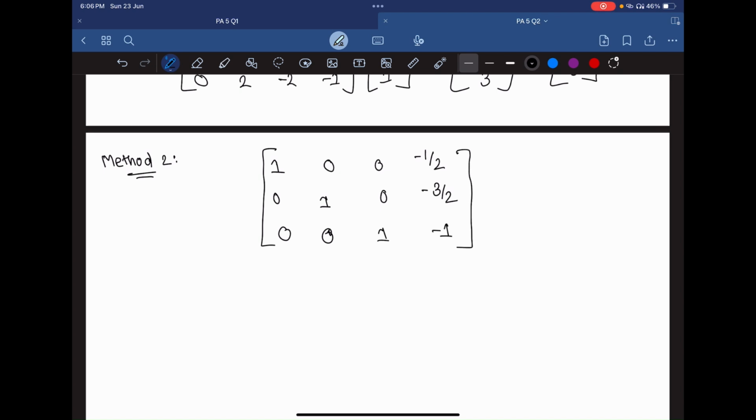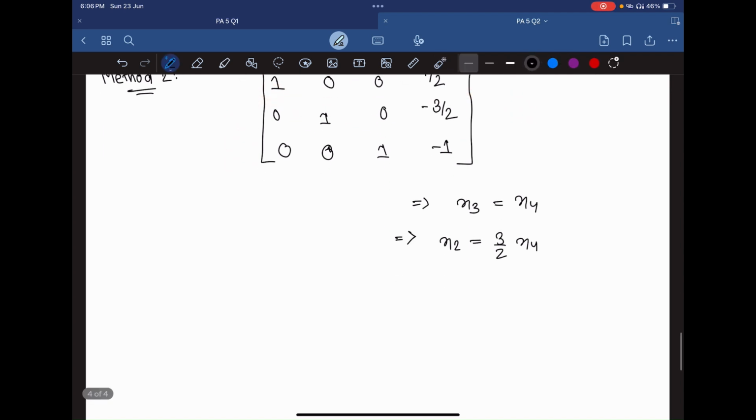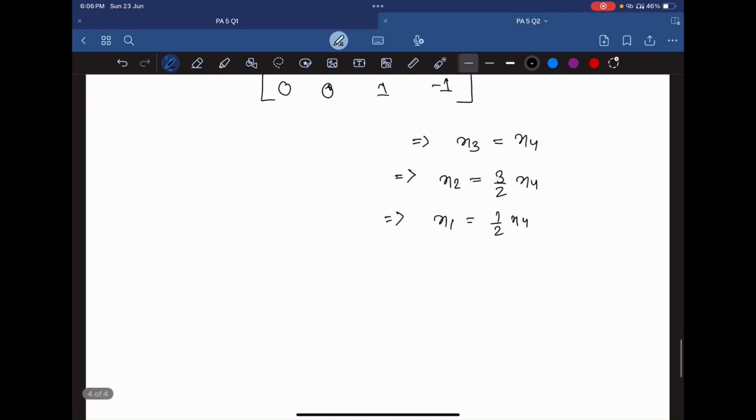So from that, if we look at the last row, we will get x3 equal to x4. From the second row, we get x2 equal to 3 by 2 x4. And from the first, we get x1 equal to 1 by 2 x4.